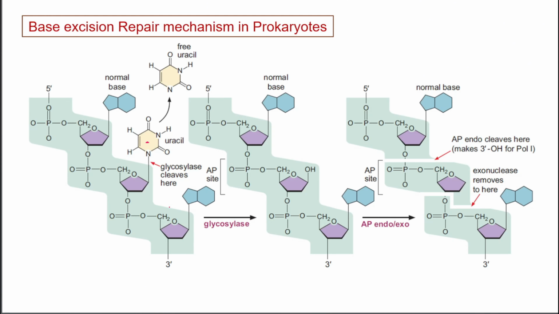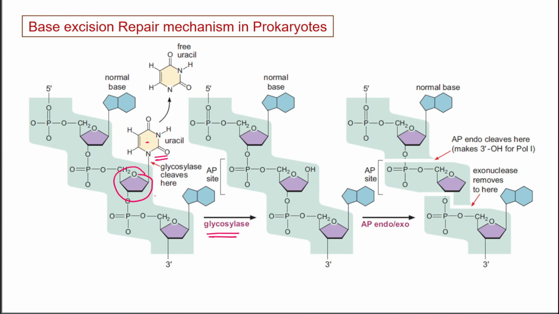In the base excision repair mechanism, the first enzyme is DNA glycosylase. This enzyme recognizes and removes the damaged base by hydrolyzing the glycosidic bond. Here is the incorrect base and this is the deoxyribose sugar.